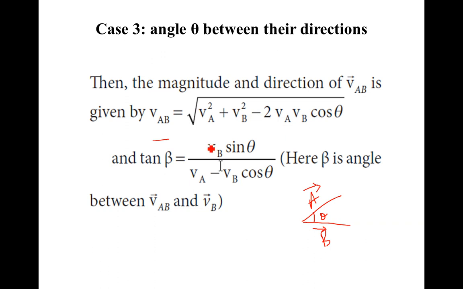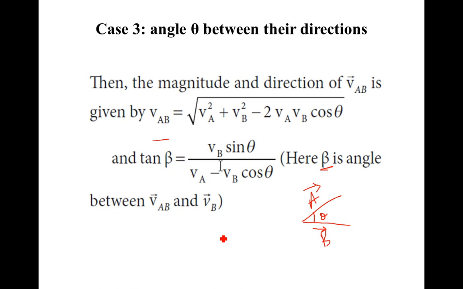Here it is velocity, so it is root of VA squared plus VB squared minus 2 VA VB cos theta, and the angle is given by tan beta, where beta is the angle of the resultant. So tan beta is equal to VB sin theta by VA minus VB cos theta.